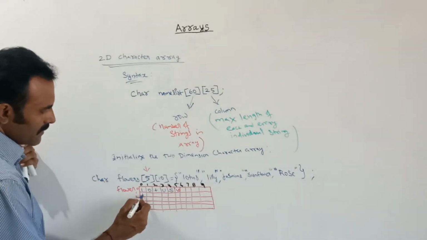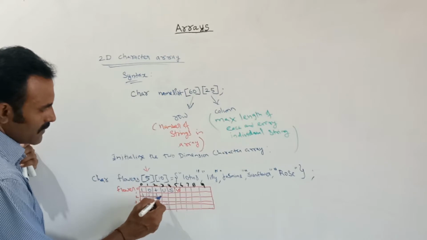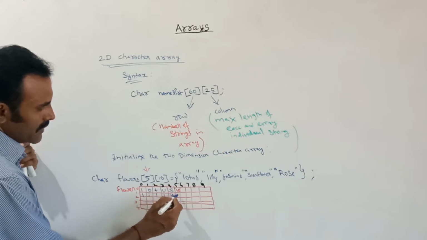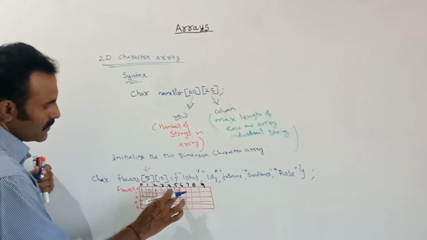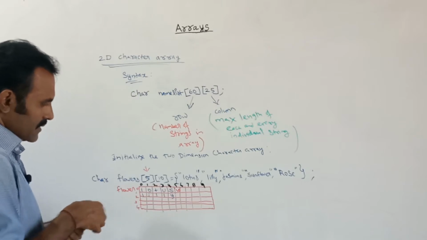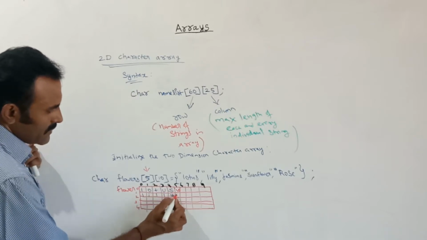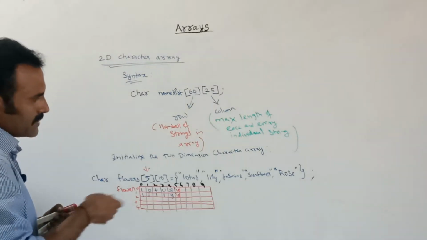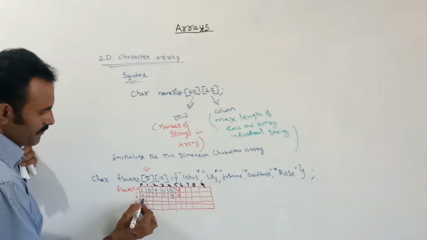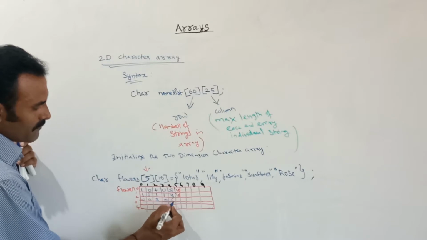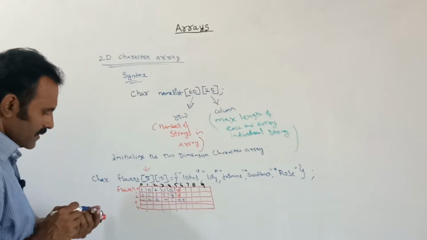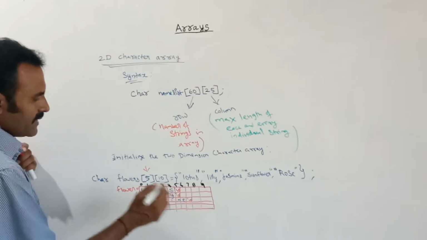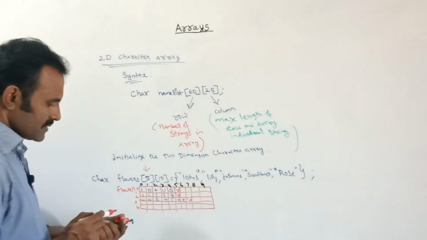Lily also has 5 letters. Here at the end of the string, \0. See, next jasmine. Here totally 7 letters. Next one here, sunflower.